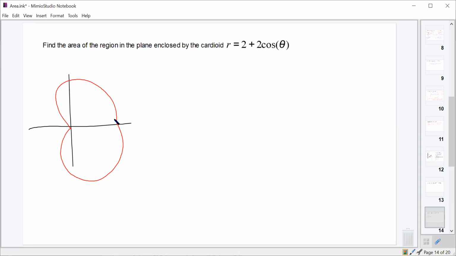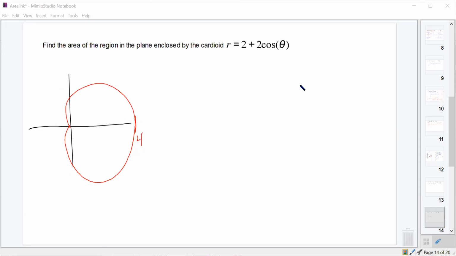That's pretty terrible, so I'm going to redraw it. That's still really bad. We're going to call that good. That's better. So this right here is out 4 units, and most of it's in quadrants 1 and 4, with a little bit in quadrants 2 and 3.